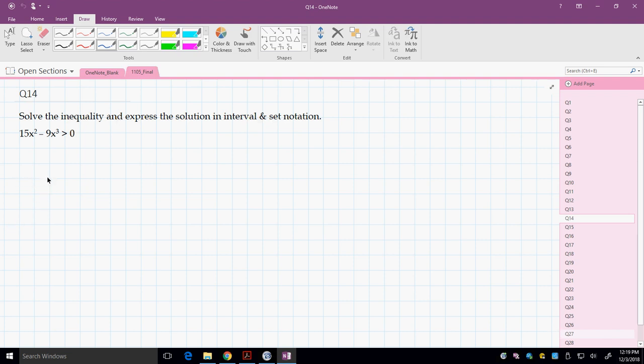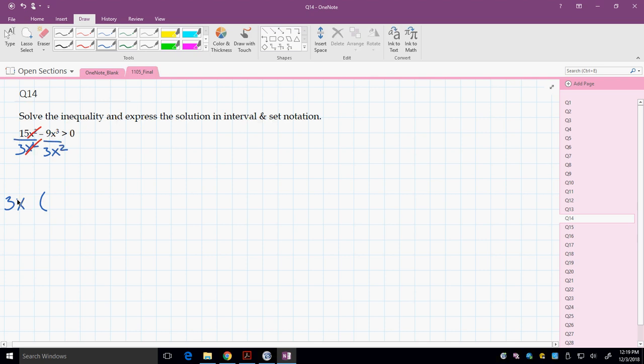So here, as I have a common term 3 and x squared, if I divide by 3x squared, 15 divided by 3 is going to be 5. x cancels with x squared, and x cancels with x squared. So let me write this.